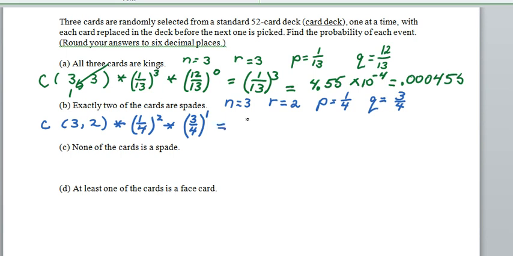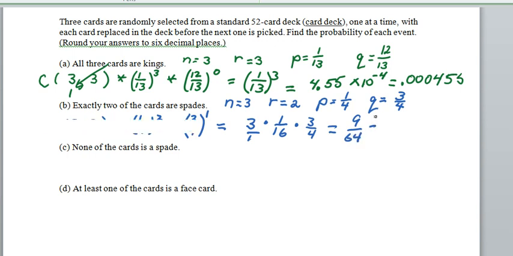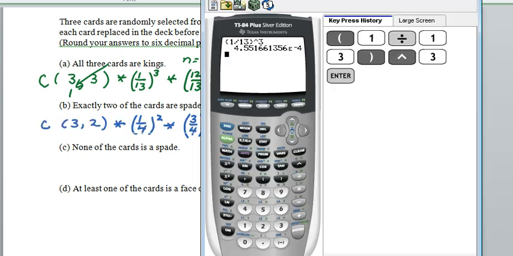So this will be combinations of 3 things taken 2 at a time is 3 times 1/16 times 3/4, which gives us 9 over 64. 0.140625.